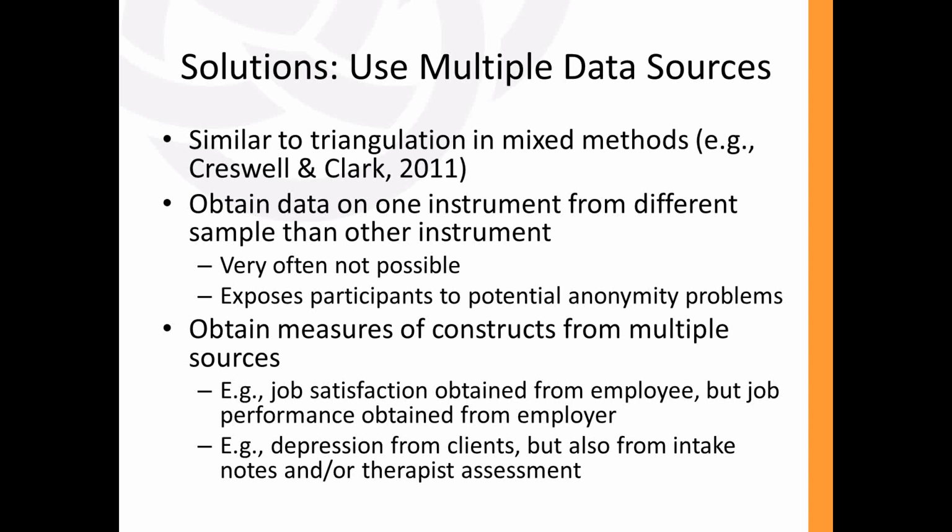If you're in an educational setting, you can get information on grades, on attendance. You can be very creative, and as long as you're maintaining ethical standards of anonymity and confidentiality, you can use multiple data sources. So basically the idea, going back to this medical metaphor, is obtain a second opinion, right?